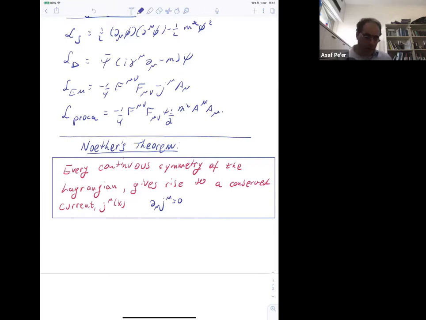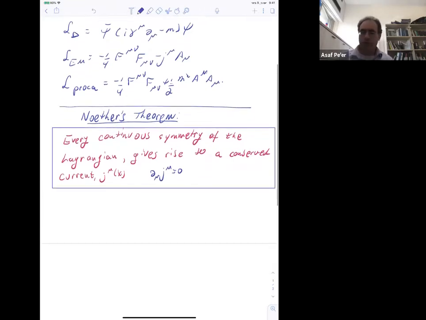Okay. So let's now look at how to apply Noether's theorem to the standard model. U(1) symmetry and conservation of the electromagnetic charge.